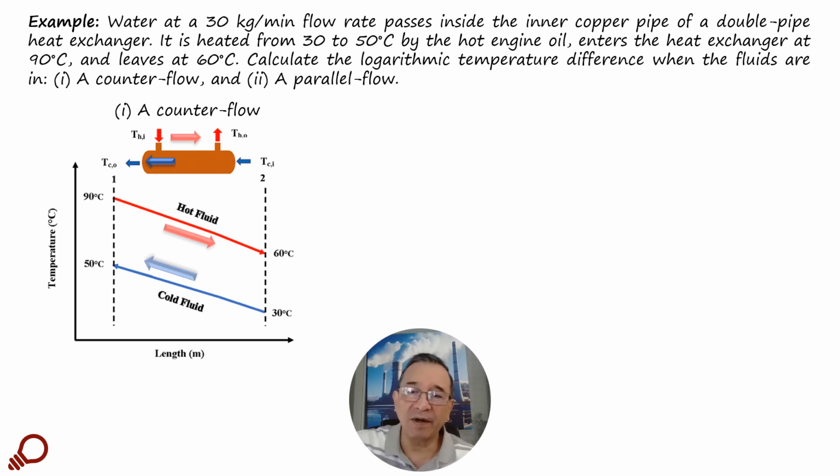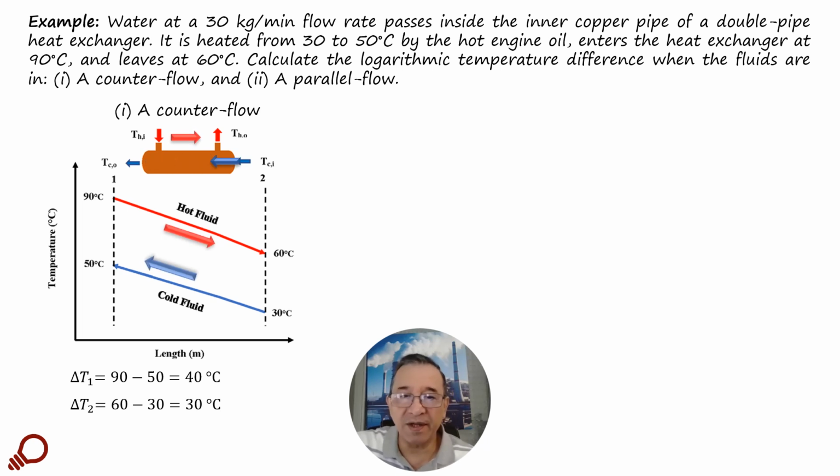And they are flowing in opposite directions. Delta T1 at the first end equals 90 minus 50, and that gives 40 Celsius. And delta T2 represents the temperature difference at the other end. It is equal to 60 minus 30, and the result will be 30 Celsius.